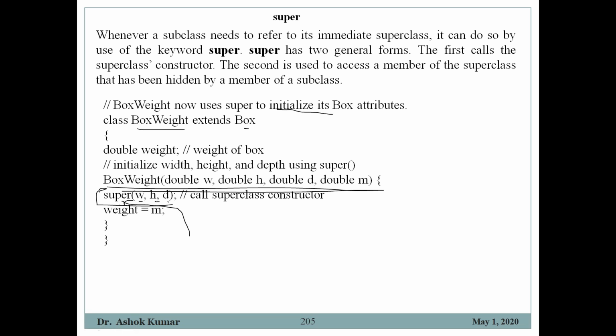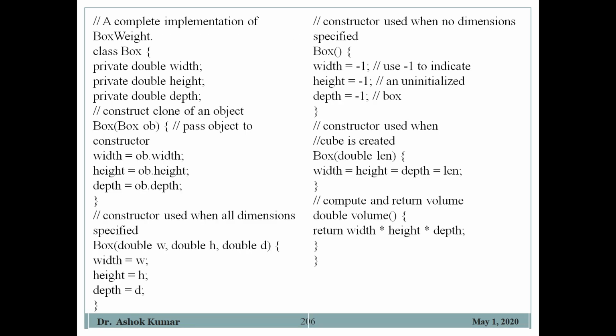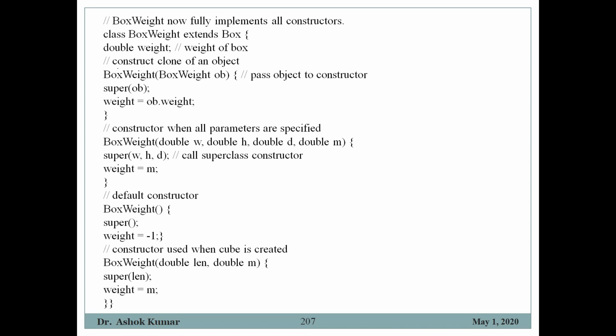So here is the example again. This is the Box class, and this is the WeightBox class. In the WeightBox class, we have one constructor, and the constructor is receiving one object type parameter, and this line will call the superclass constructor.